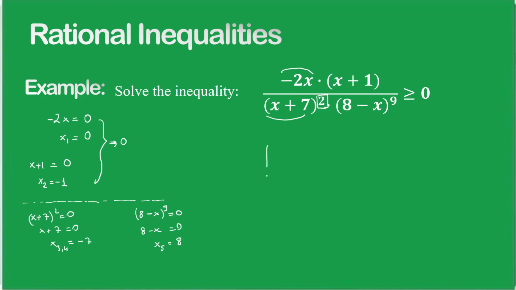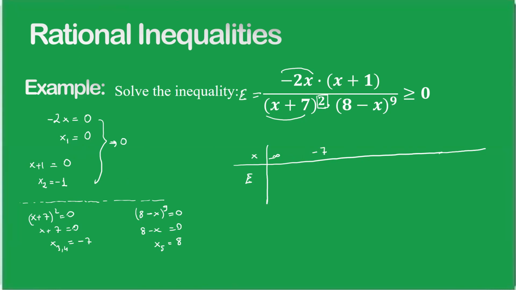Okay, now let's draw the table. We have 4 critical points, and I'm writing x, just x here. Minus infinity. Let's make it bigger. Which number is the least one? Here, minus 7.